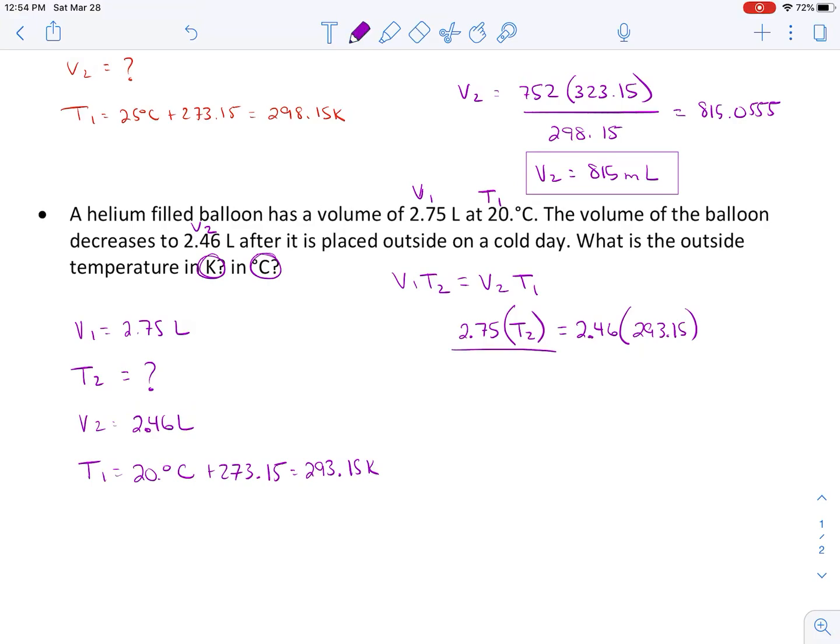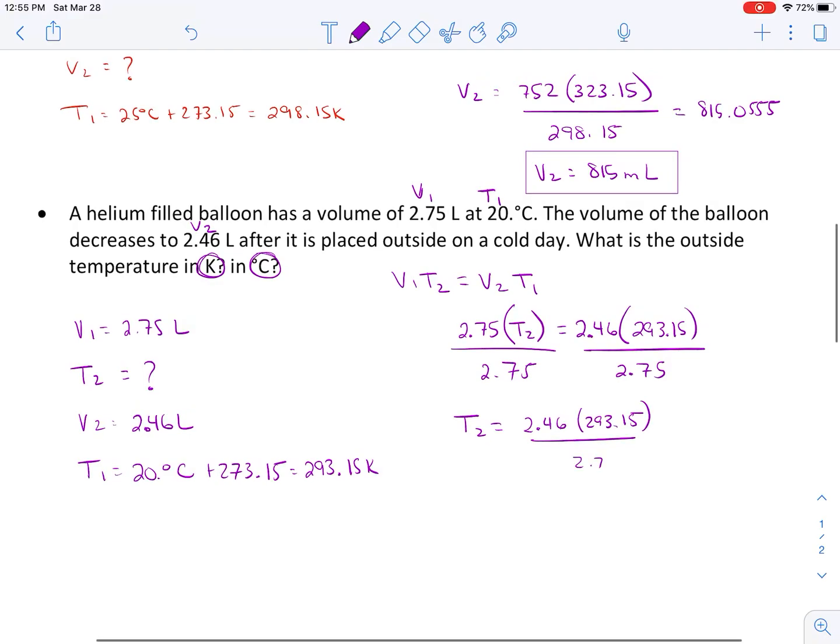And now we're going to divide each side by 2.75. So T2, if we're writing it all out, is equal to 2.46 times 293.15 divided by 2.75.